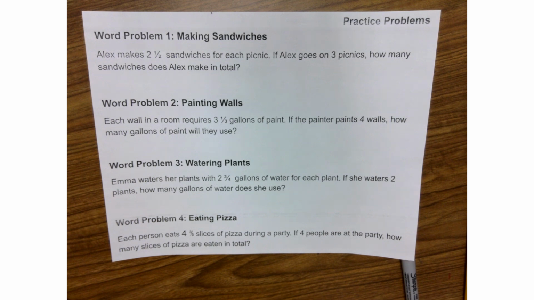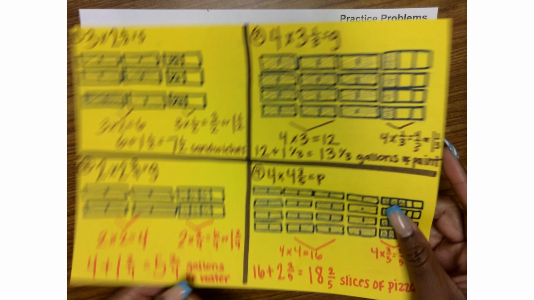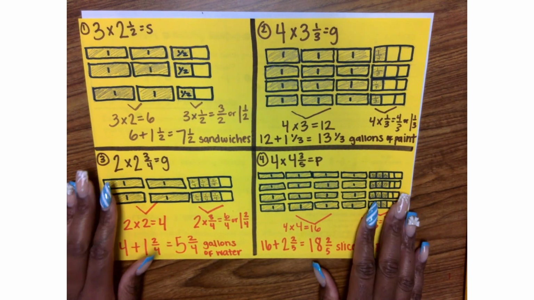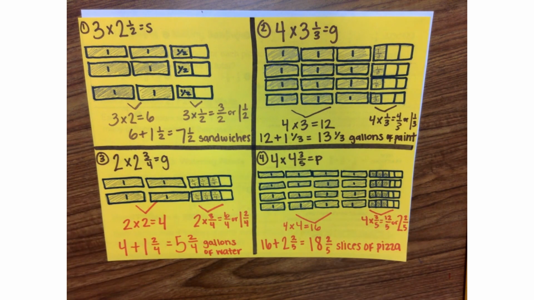All right, mathematicians, now it's time to check your work. Pause the video and look at it, check your work, see if you got it correct. And if you didn't get it correct, look at what I did and look at what you did and figure out where you went wrong.